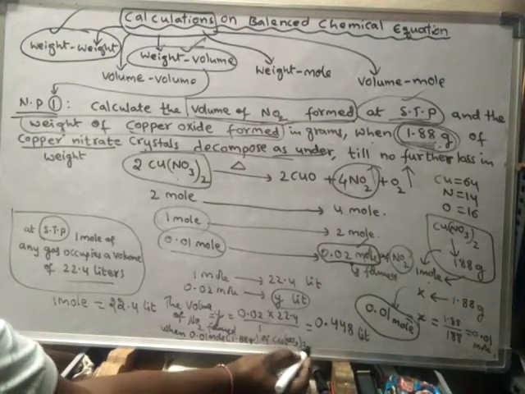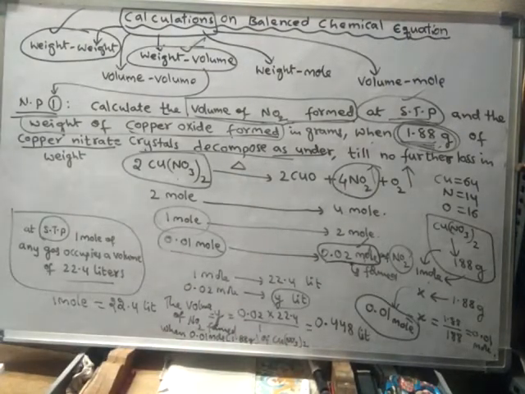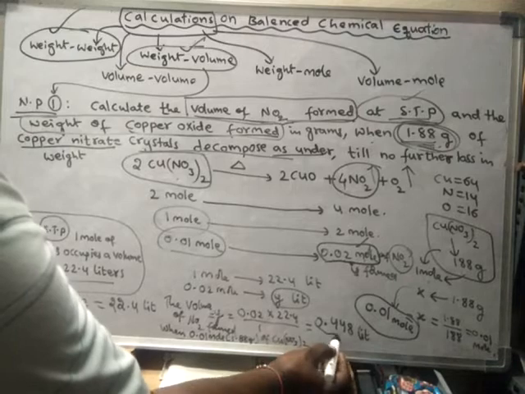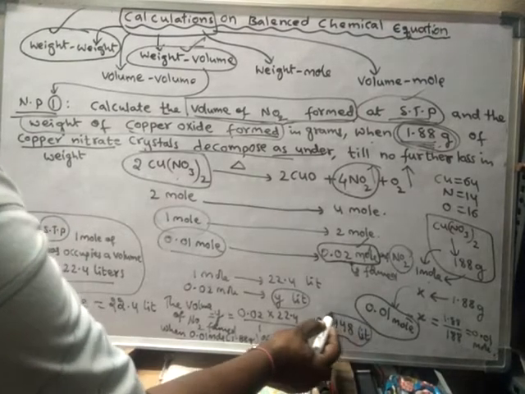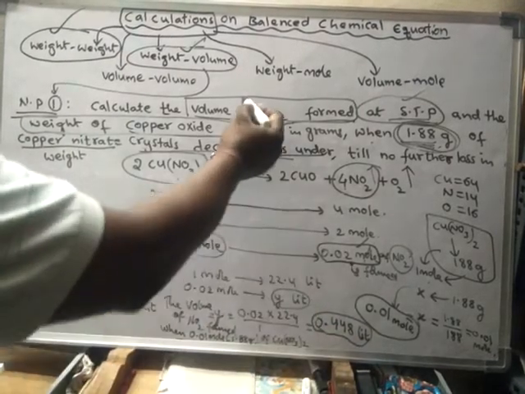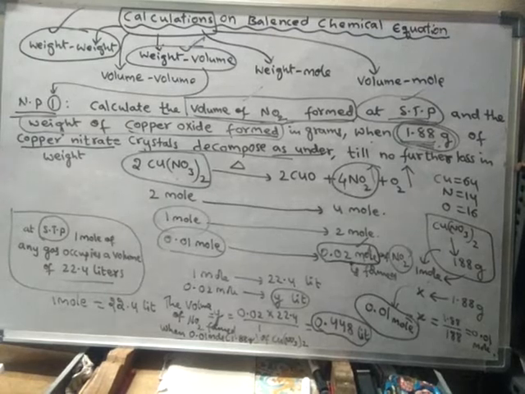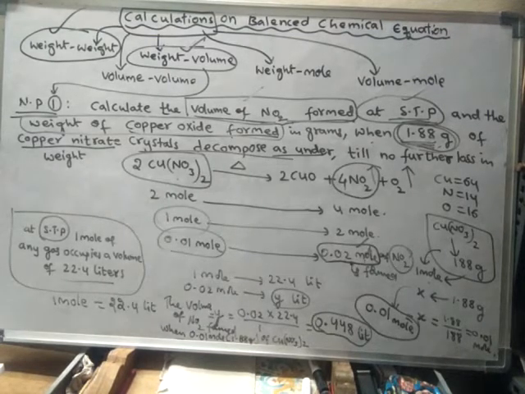So the volume of NO2 formed, how much will it be equal to? 0.448 liters. So the answer for this one is 0.448 liters. In this way we can calculate the problem.